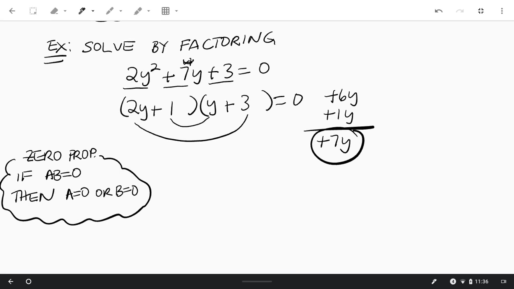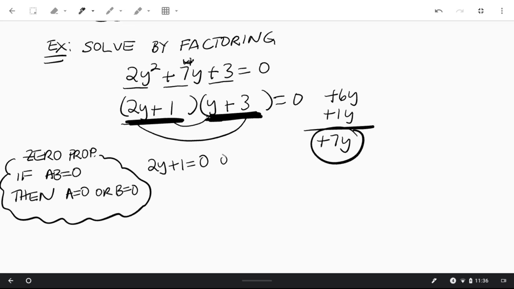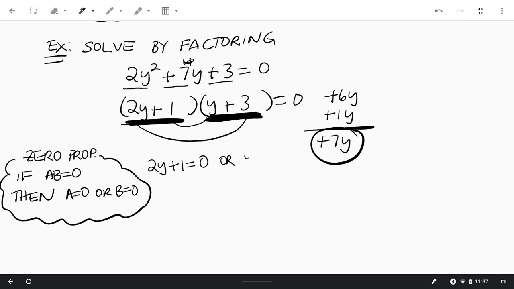So that's basically what we have here. 2y plus 1 times y plus 3 equals 0. So one of those factors equals 0, or this factor equals 0. Let's go ahead and write that down. 2y plus 1 equals 0, or y plus 3 equals 0.